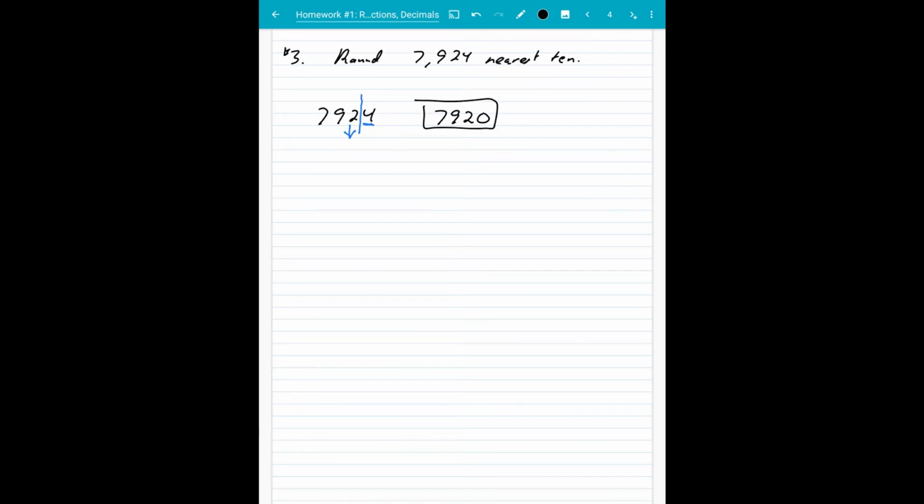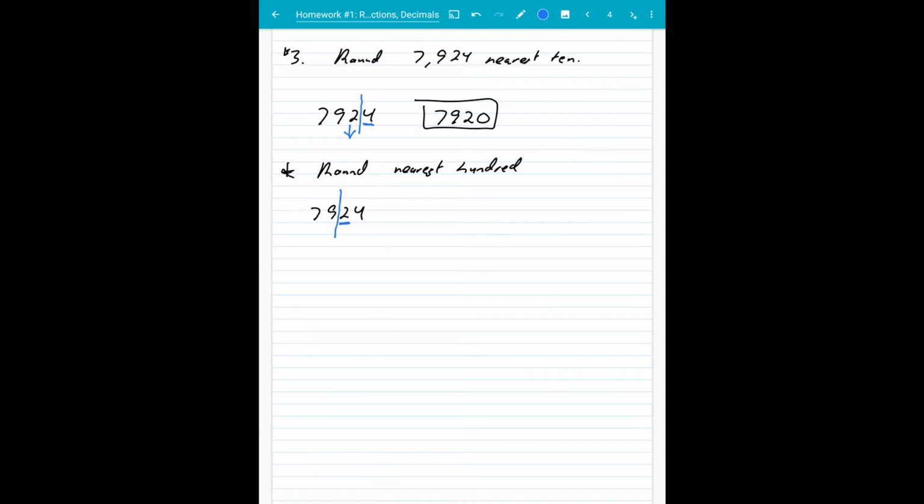7,920. Now, if that problem said round to the nearest 100, we're going to take 7,924 and round to the nearest 100. That means 100 is right here. It's the 9. So our dividing line should be right here.